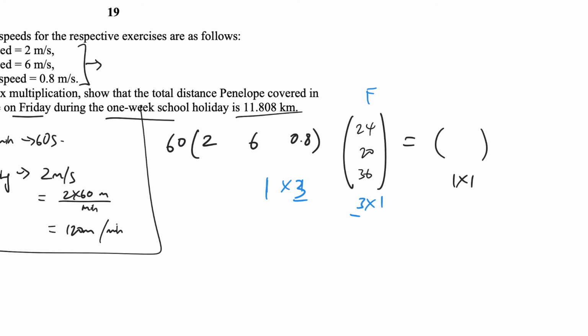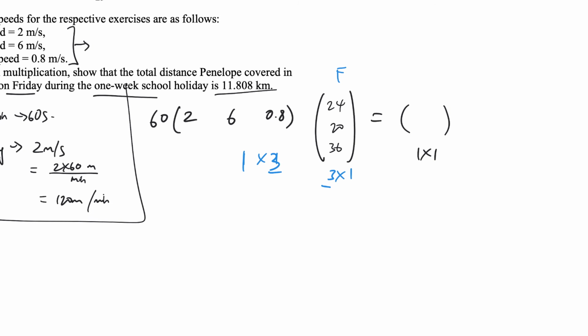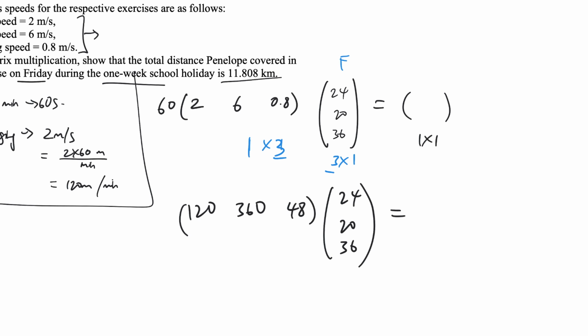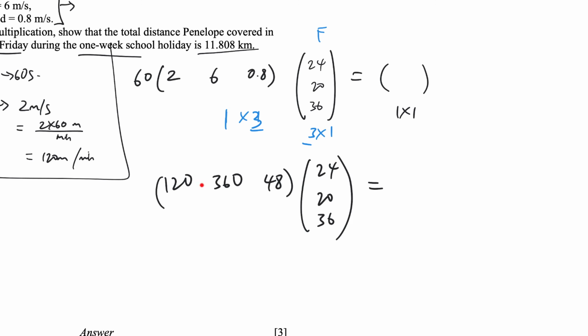So from here, let's actually simplify first. Let's multiply the 60 in. So we should get 120, 360, and 48. Yep. And so this is the speed per minute, in particular for jogging, cycling, and swimming.